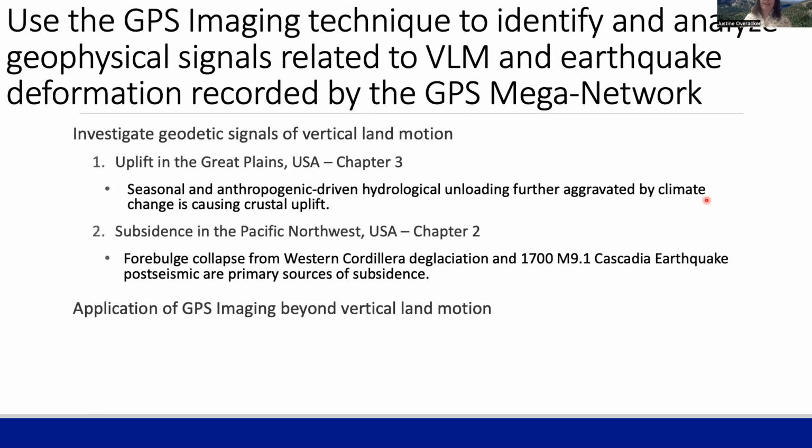Next, we looked at a subsidence feature in the Pacific Northwest and determined that forebulge collapse from deglaciation to the north and post-seismic relaxation from the 1700 Cascadia earthquake are the primary sources for that subsidence feature of interest.